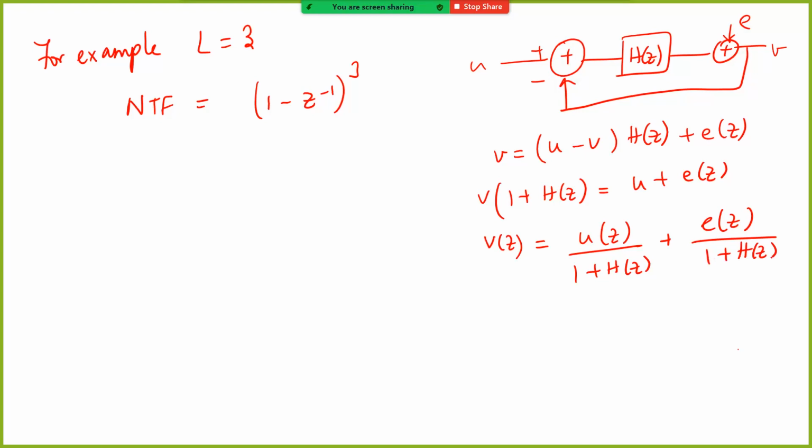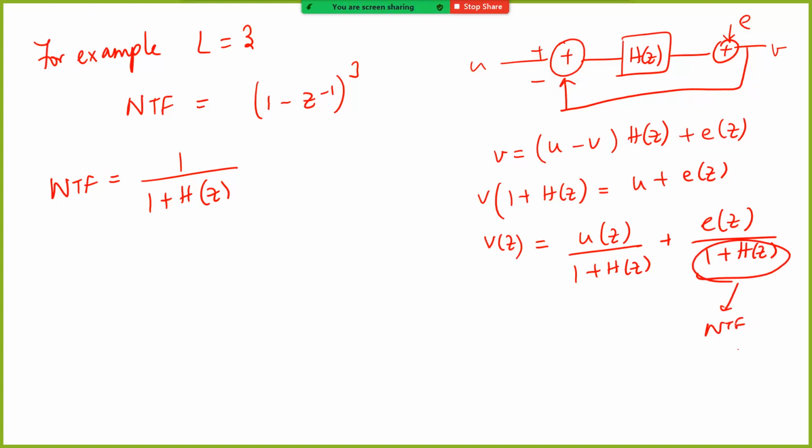Correct? Like before we brought in all these fitting parameters and other things. Let's say if you had a constant K, it just goes into this whole thing. So NTF can be written as 1 by 1 plus H of Z. This is basically my NTF.